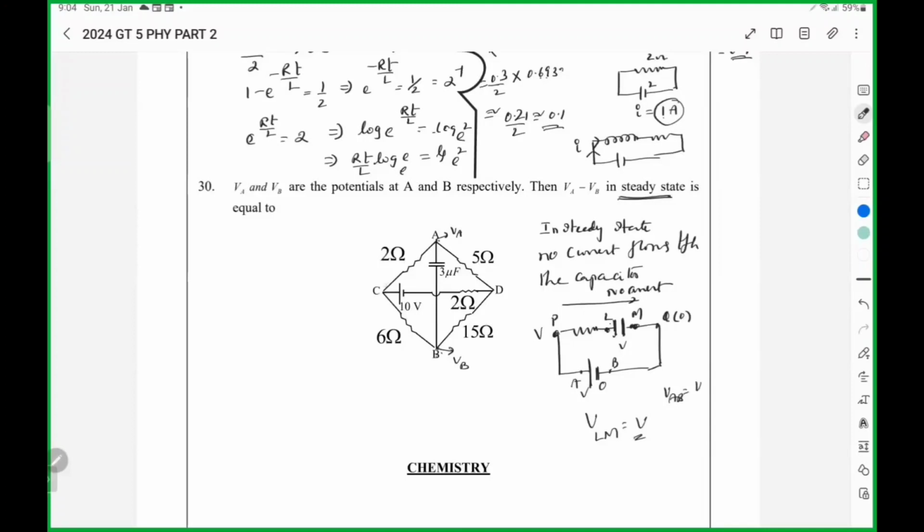Now in steady state, current is not flowing between C and D. Let us consider circuit A here. Here 2 ohms, here the battery is there, here 2 ohms. Here I1 current flows through it.